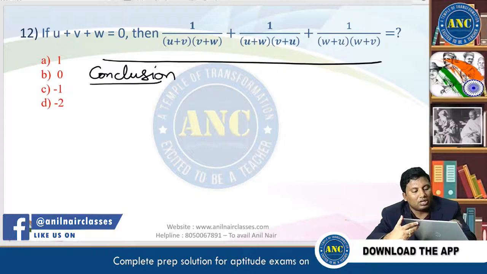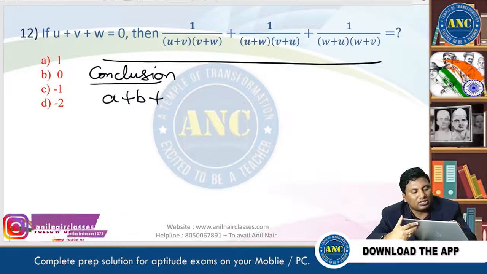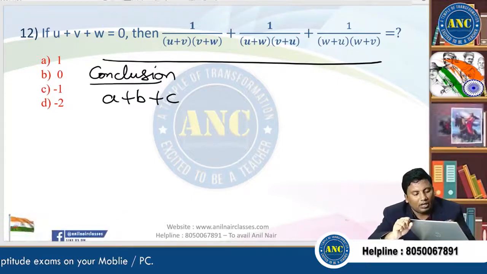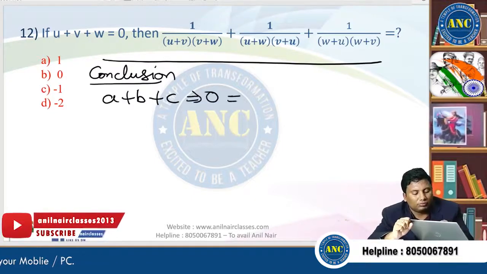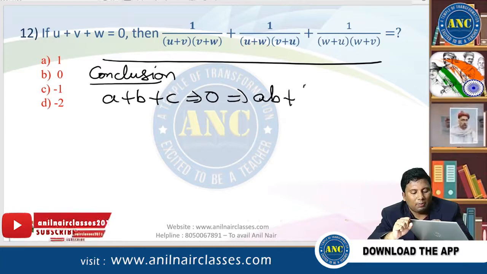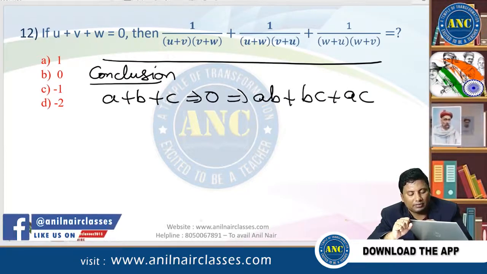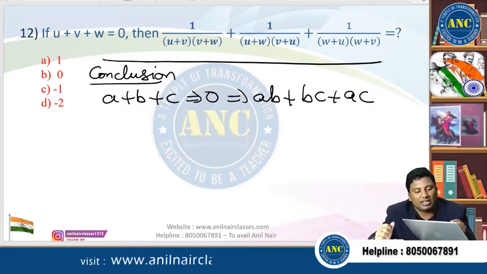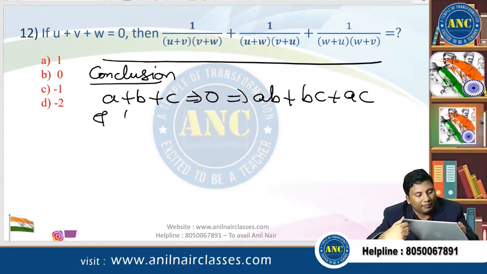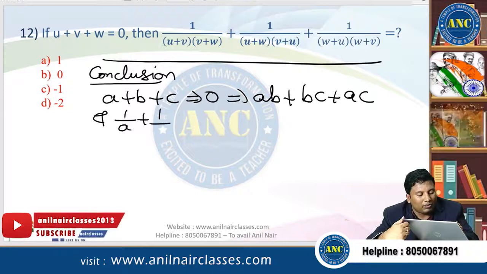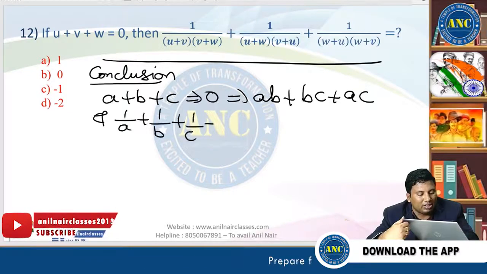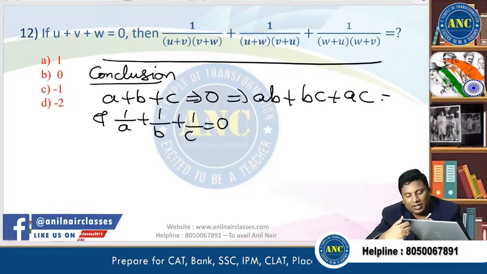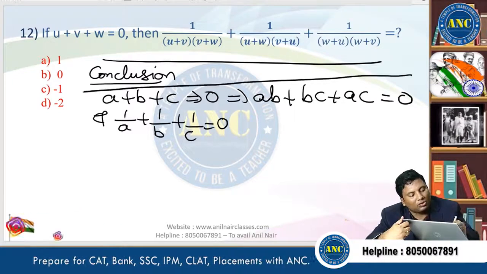What is the conclusion? If a plus b plus c is 0, then ab plus bc plus ac, and 1 by a plus 1 by b plus 1 by c is 0, so ab plus bc plus ac will also be 0.